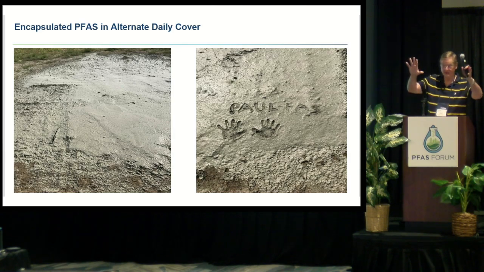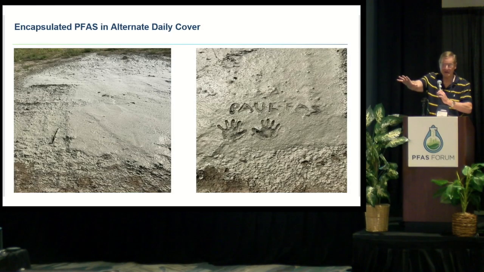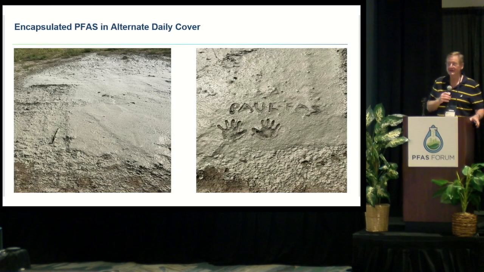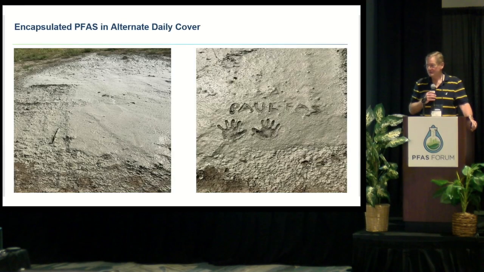I had gloves on when I did my hand imprints, and I wrote PFAS, and I sent it to my, I thought, friend at Wholesome, and pretty soon this was all over the Wholesome email chains. And so I decided, well, darn it, I'm just going to run with it. So the one on the right is officially in the Wholesome or Amrize archives as PFAS. And the sad thing is some people think that's really what it's called.